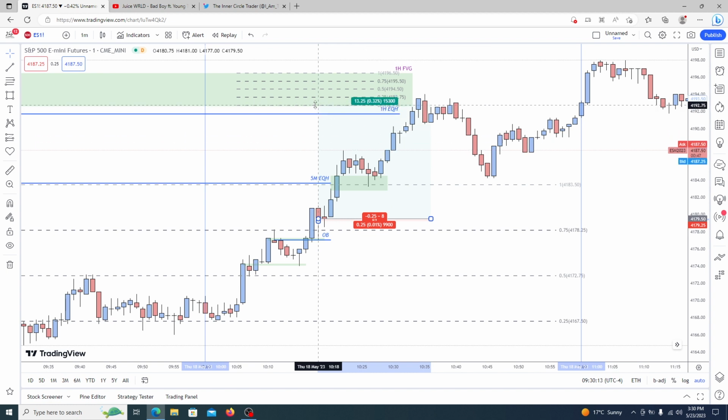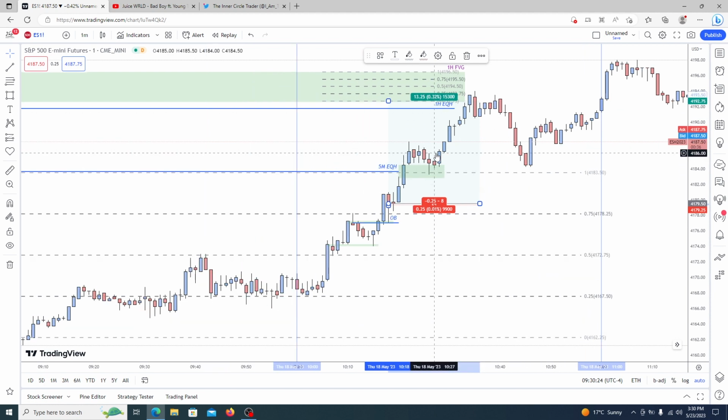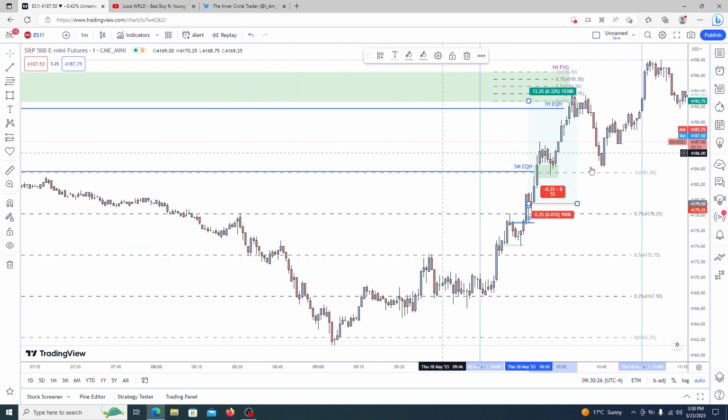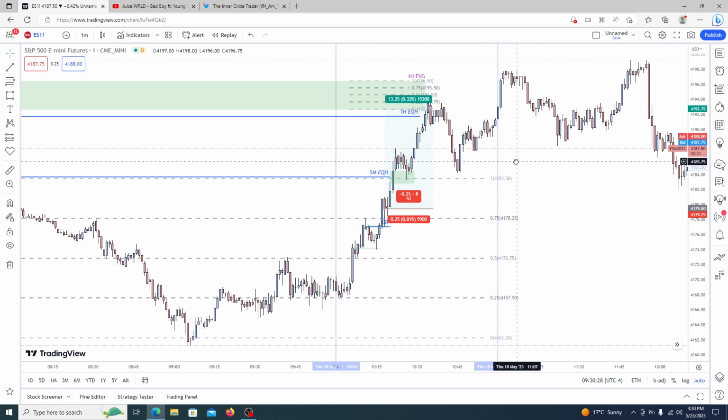And then you would hold whatever position you have left. For the second partial, take profits at 13.25 handles. That would be a second scenario on this specific trading idea.